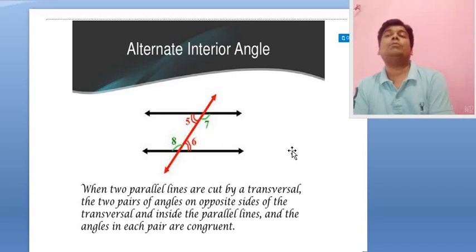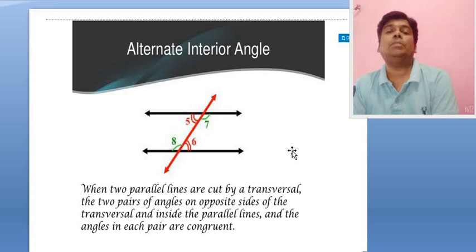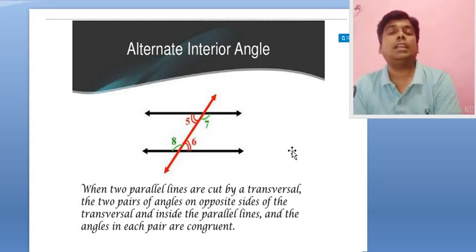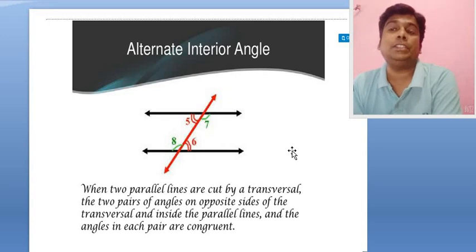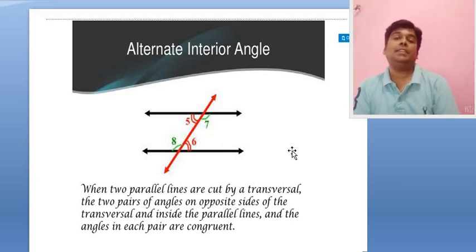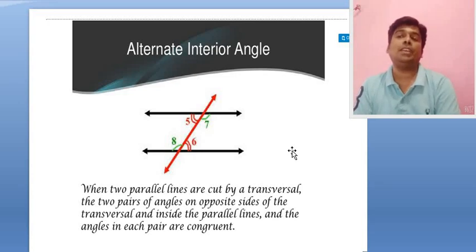But when we talk about alternate interior, one angle should be on the left hand side of the transversal and one angle should be on the right hand side. See the example I have shown: angle 5 and angle 6 are alternate interior, they are interior angles as well as on alternate sides of the transversal. Same way 7 and 8 are alternate interior angles.